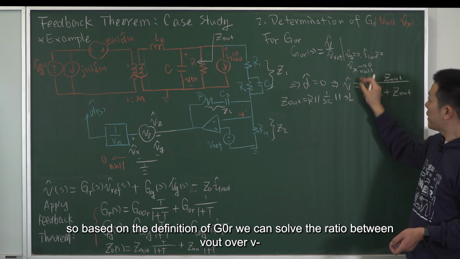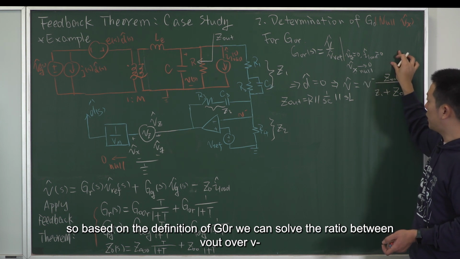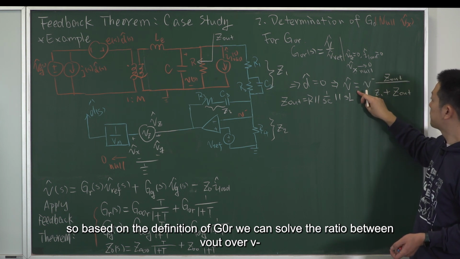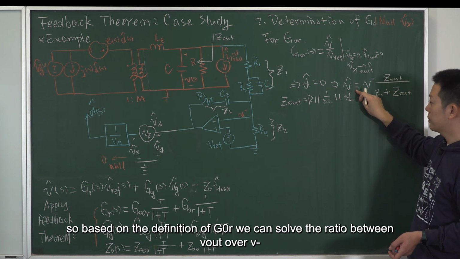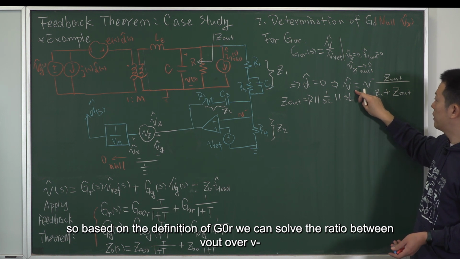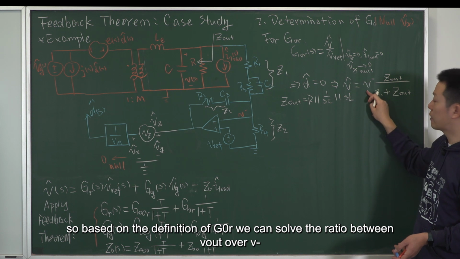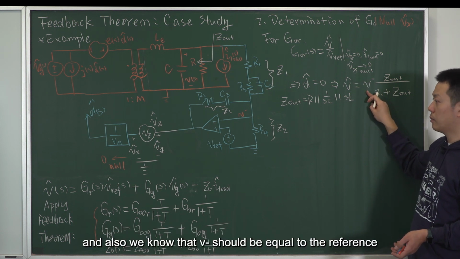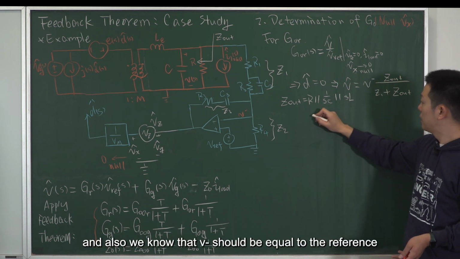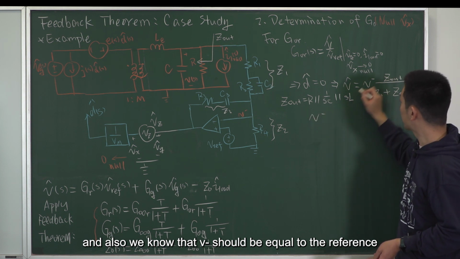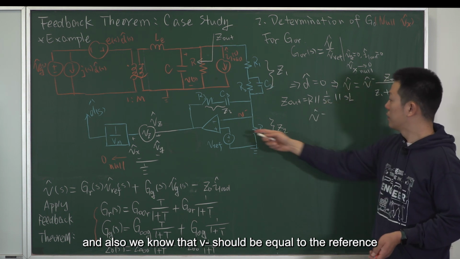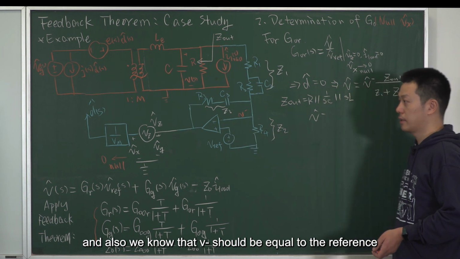So based on the definition of G0R, we can solve the ratio between V out over V minus. And also we know that V minus should be equal to the reference.